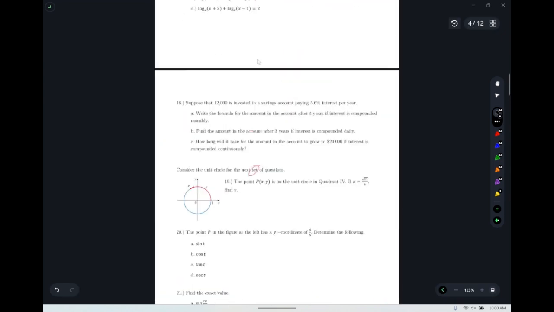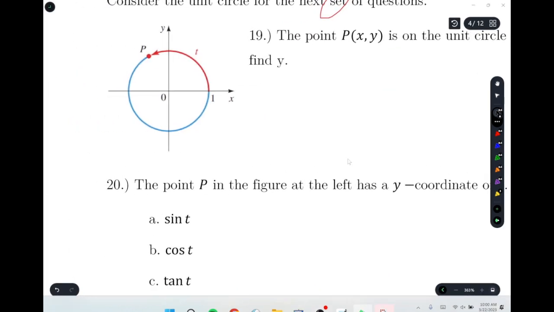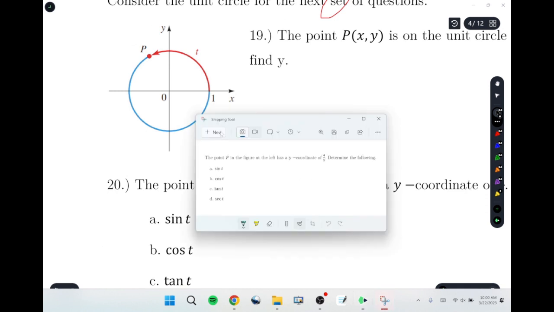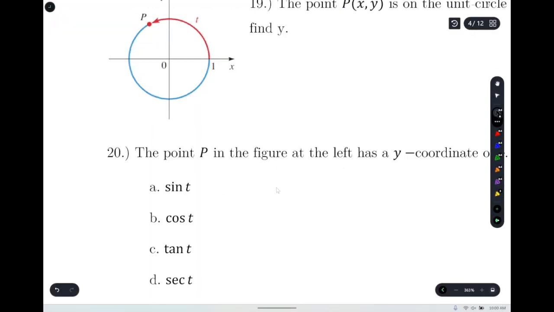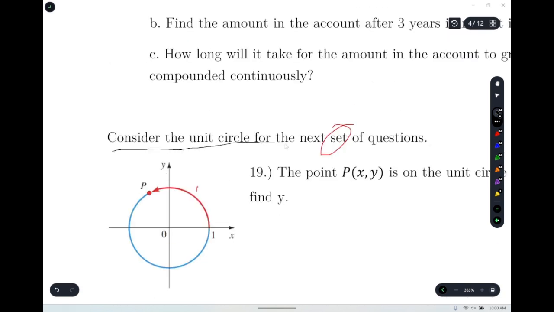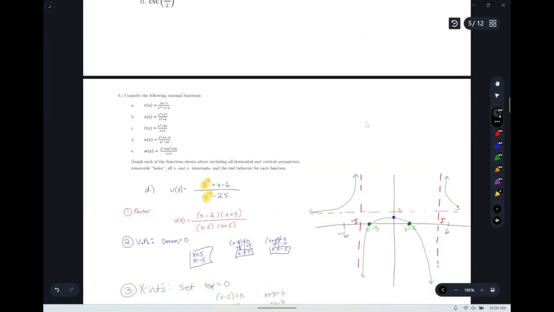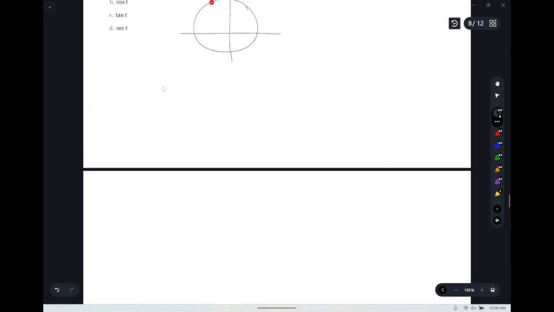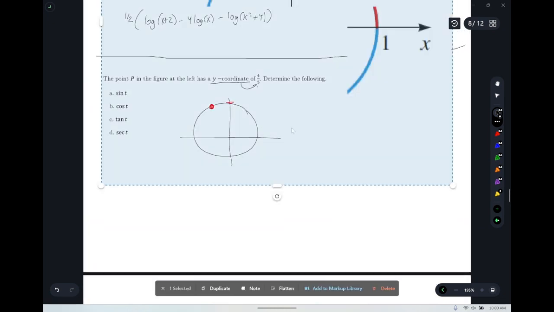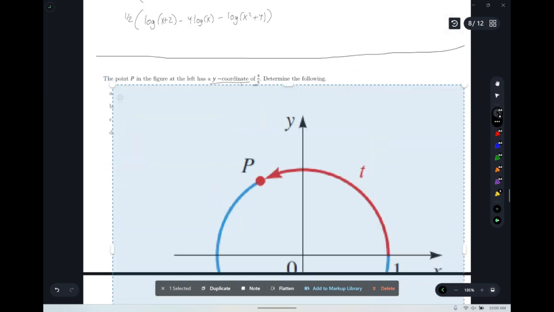I was just redrawing it because I don't want to copy and paste it. Oh, they give us the circle for the next set of questions.